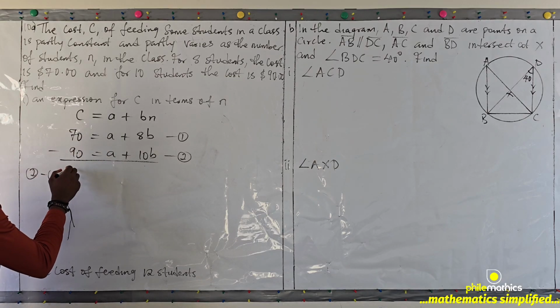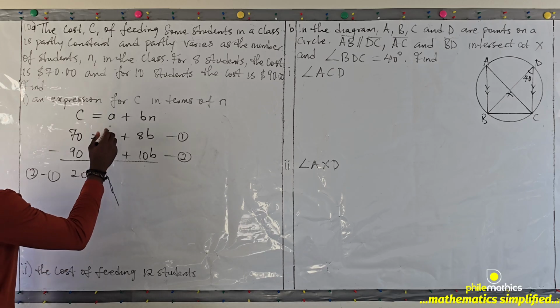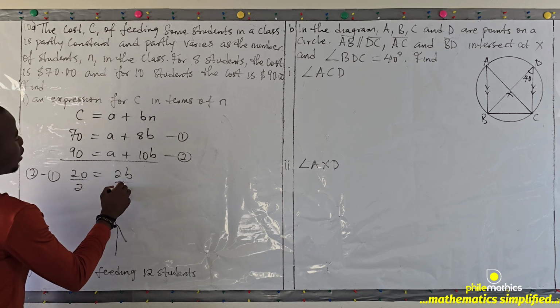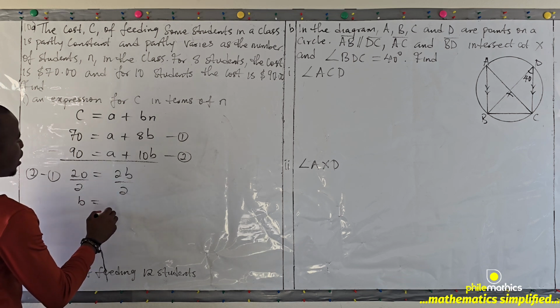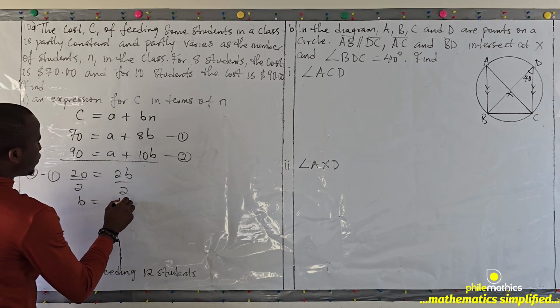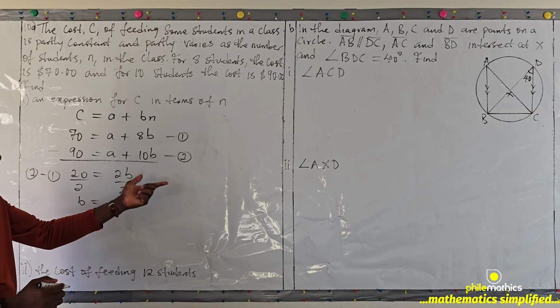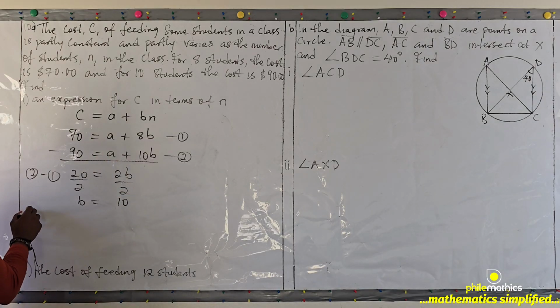90 minus 70 is 20. A minus A is gone. 10B minus 8B is 2B. And so we can divide both sides by 2 and get our B as 10. So to find what A is, we substitute 10 for B in equation 1 or 2. Let's try equation 1.